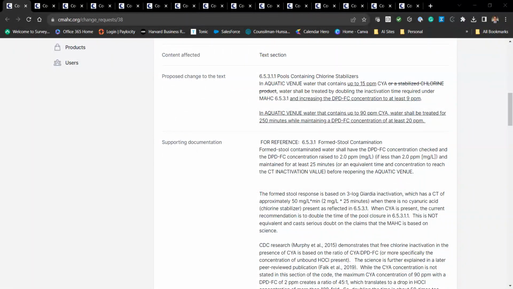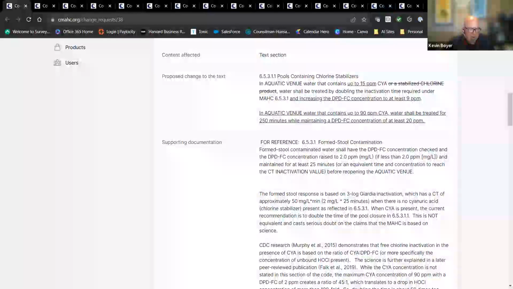And Joe, back me up if I'm wrong, the disinfection protocol for contamination was not modified. The key work that came out of the Falk study was deployment of a ratio for chlorine to stabilizer. That was the key component. And that was the only changes to the MAC that really resulted out of that study, along with incorporation of the DPD-FC language.